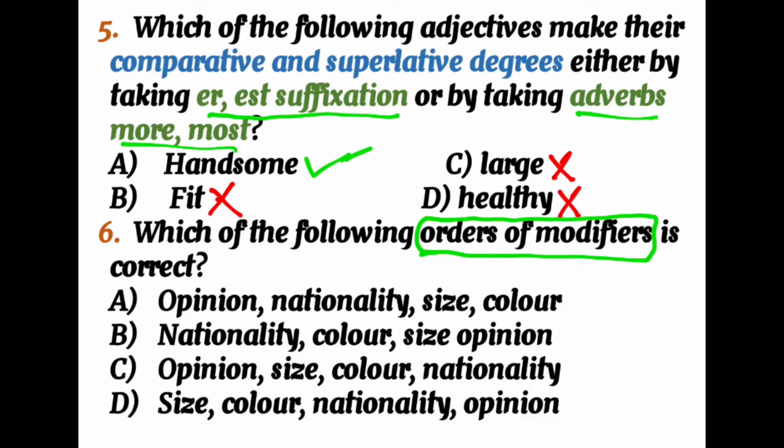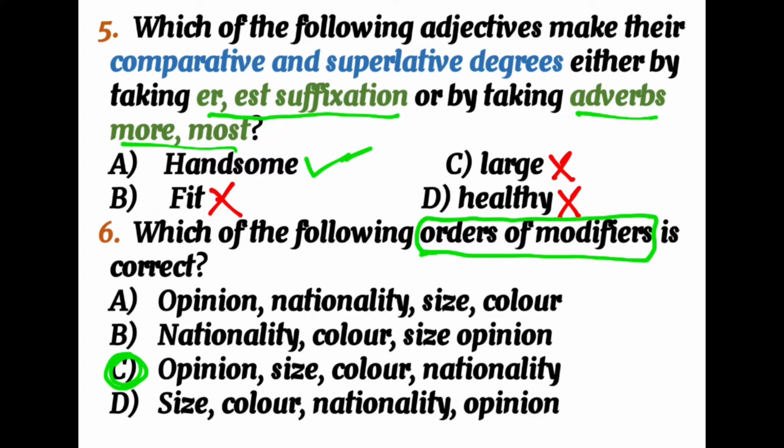So you have to find out either this option or this or this or this option. Again, you can pause the video, read all possible options, and choose your option. The correct order is C option. Opinion, size, color, nationality. This is the correct option.